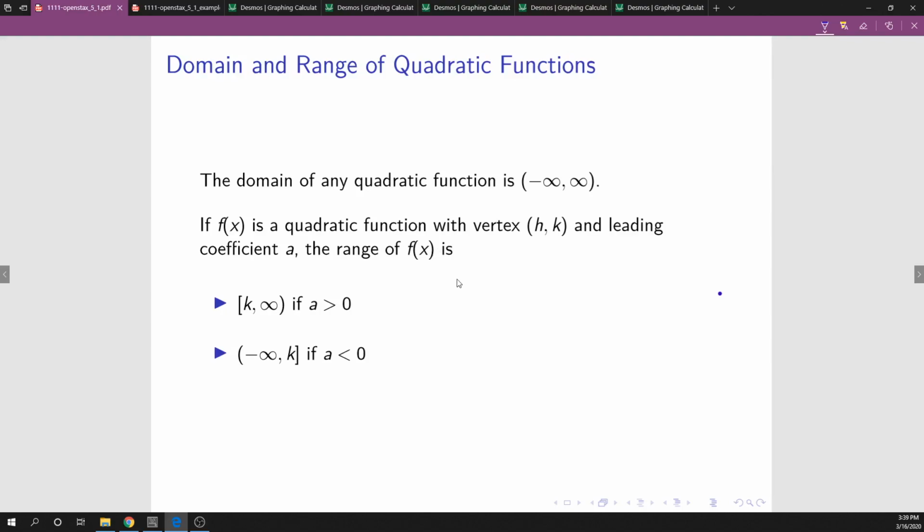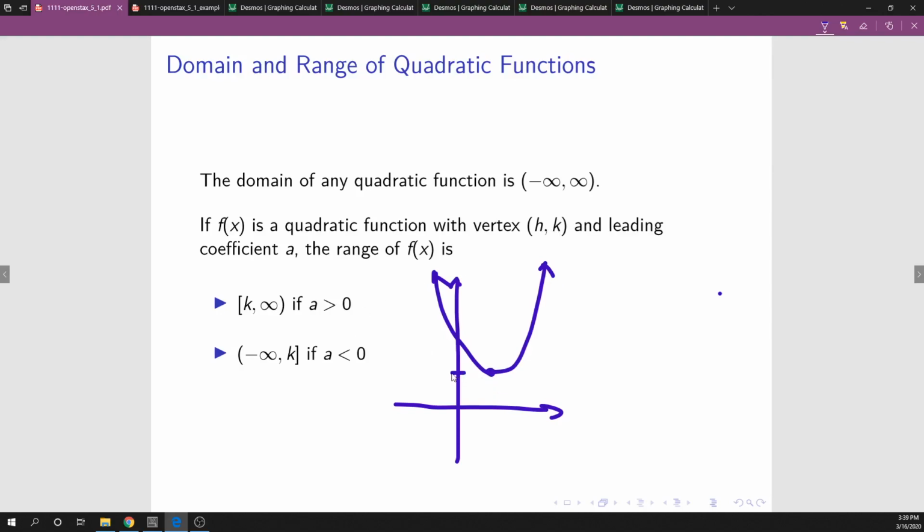The other issue is the range. That's going to depend on whether the graph opens up or down. So let's say that the graph opens up like this, and that vertex is (h, k).